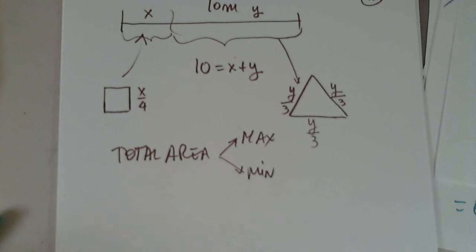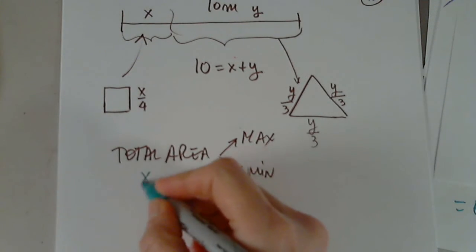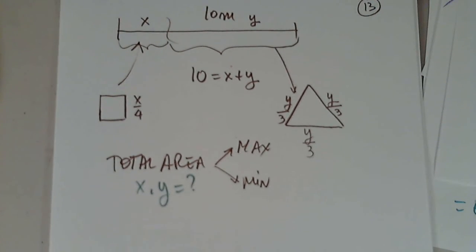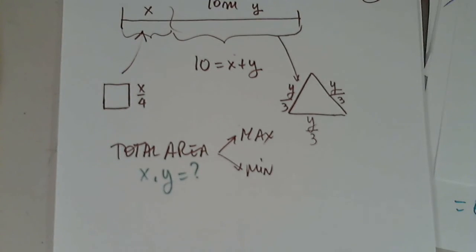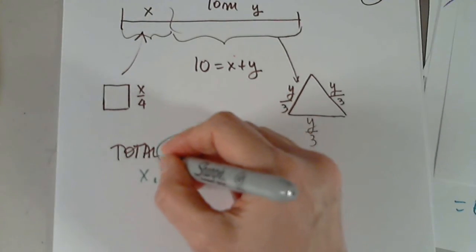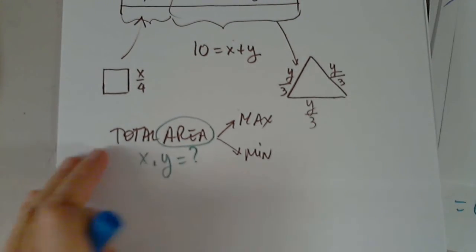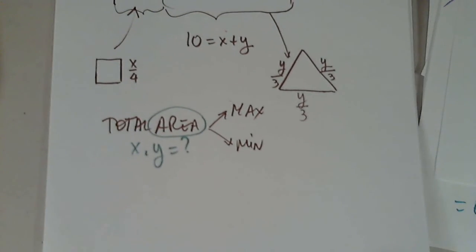So this question is really asking us to find x and y in two different situations, when the total area is a maximum and when the total area is a minimum. If I don't have the total area, I will not be able to find anything. So that's my first concern, writing the area of a square plus the area of an equilateral triangle.